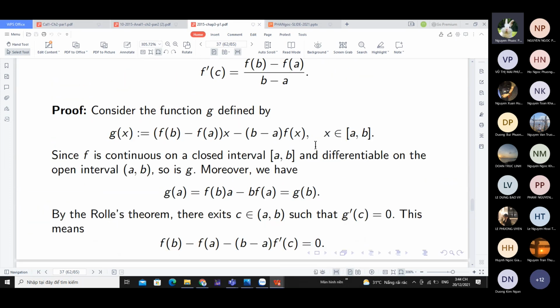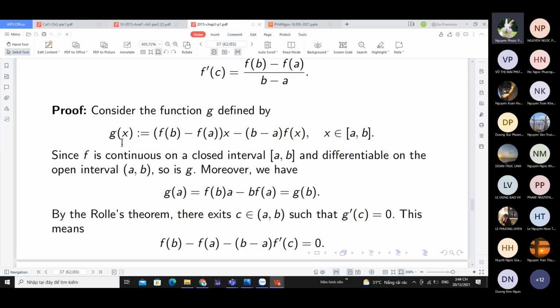Now, somehow you understand why we consider the function g, okay? Because we try to reduce this theorem to the Rolle theorem.